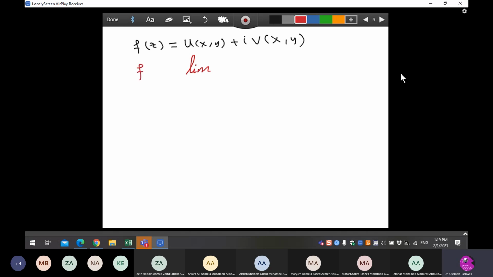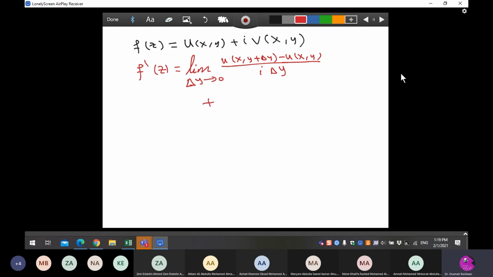So if I go for f dash of z, I have the limit when delta y tends to 0 of u of x and y plus delta y minus u of x and y. When you make a change in y, you go for the limit over i delta y. This is the change of z in the direction of y.